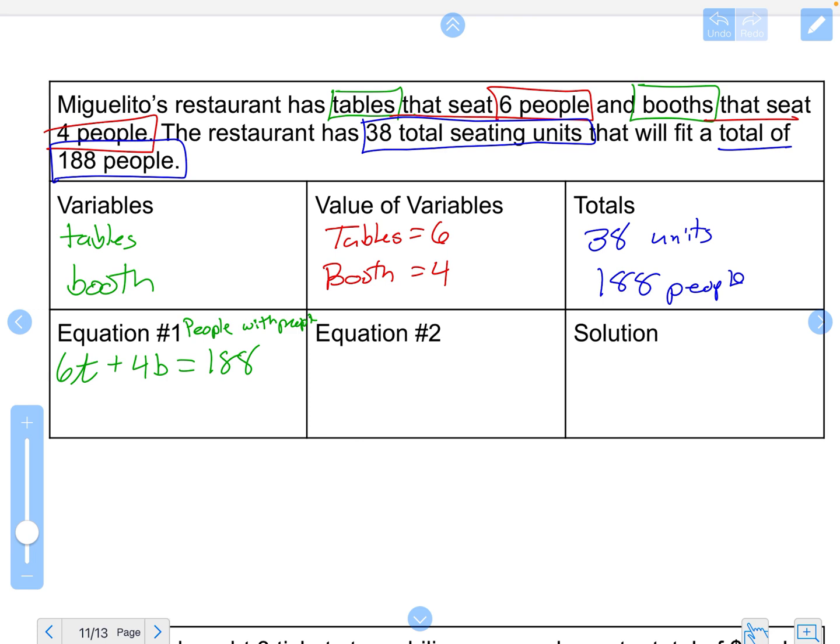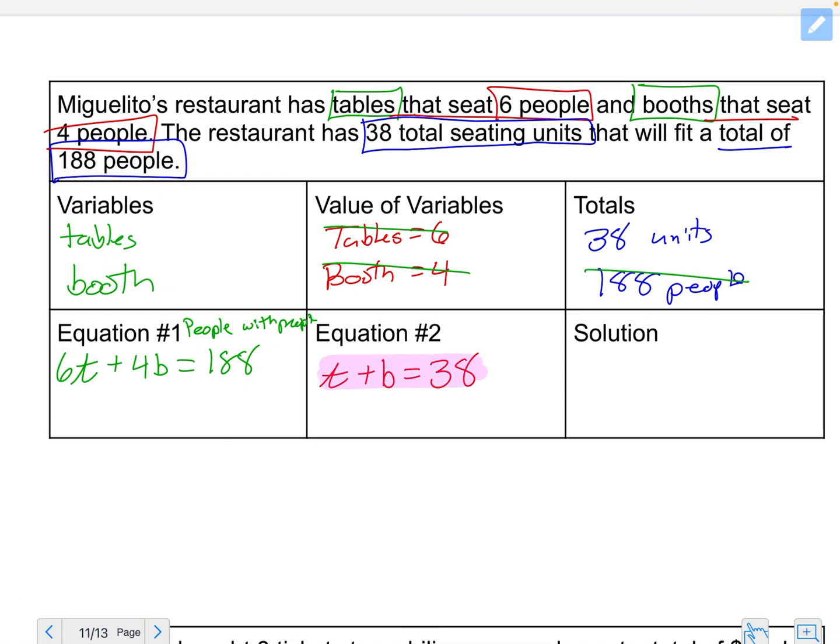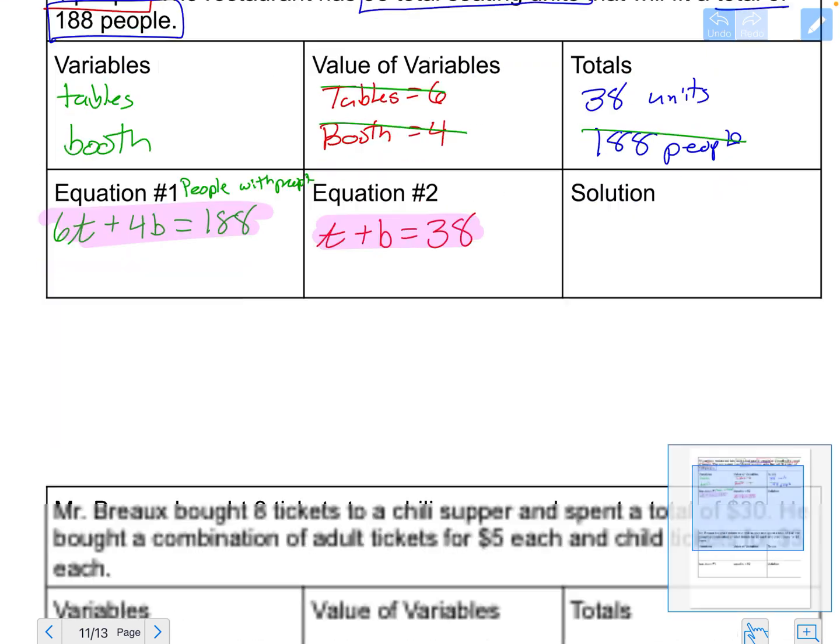So I've used this, I've used this, and I've used this. So now my last equation is everything that's left. So the number of tables plus the number of booths equals 38. And so these are our 2 equations. And then we can use these 2 equations to find the solution. And again, that's not our goal today. Our goal is just to write the equations because we should know how to solve these equations.